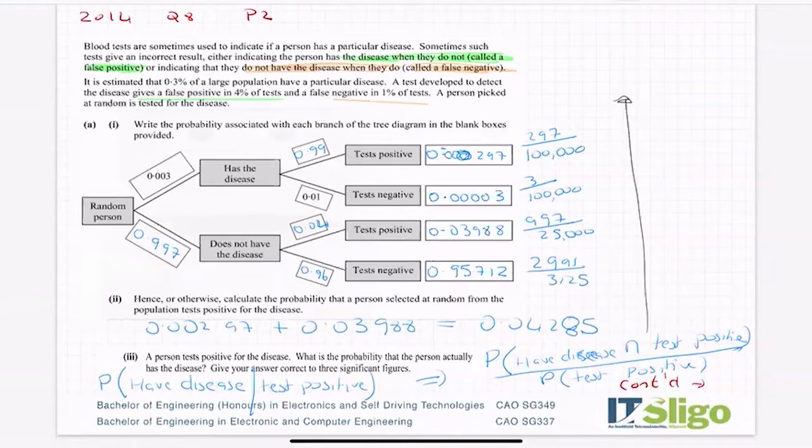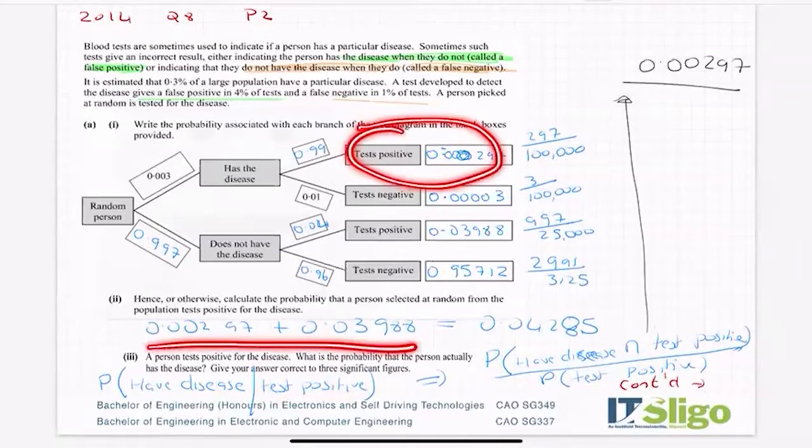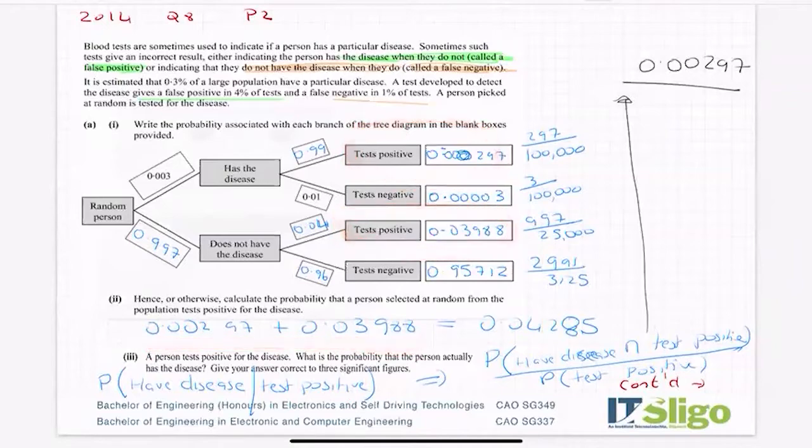So what is the probability that they have the disease intersecting with they test positive? So it's this, 0.00297 on the top, and then on the bottom, the probability that they test positive, which is test positive and test positive.